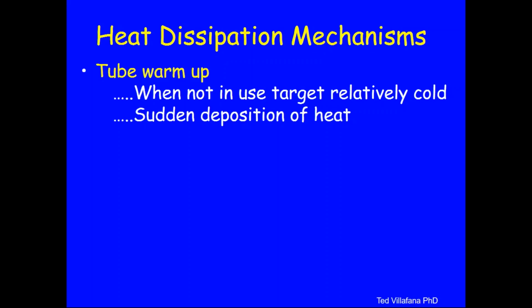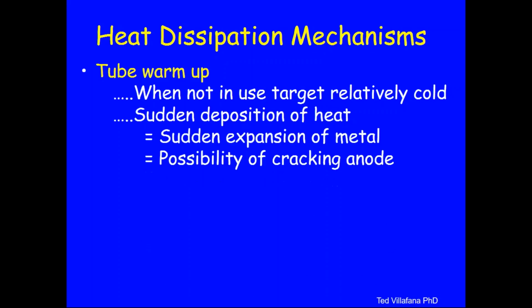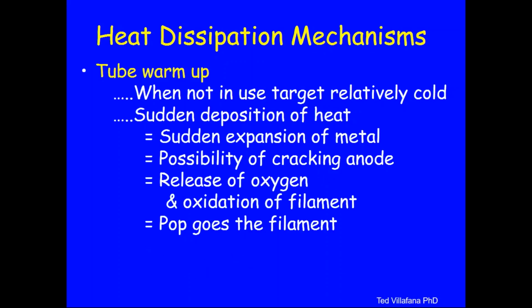If you did, that sudden deposition of heat would produce expansion of the metal at that point, but that expansion would hit up against the cold metal sections of the target, and you would end up cracking the anode, blowing up the tube. So tube warm up avoids that sudden point expansion at the anode.